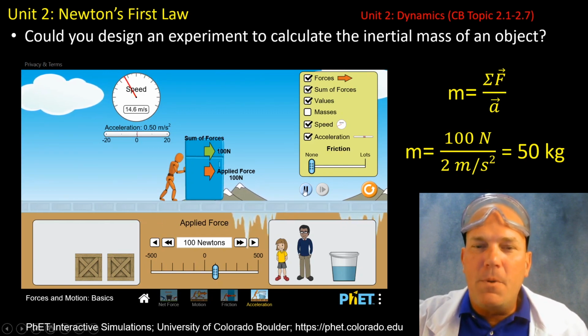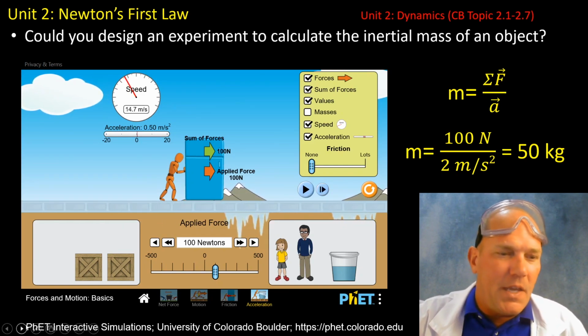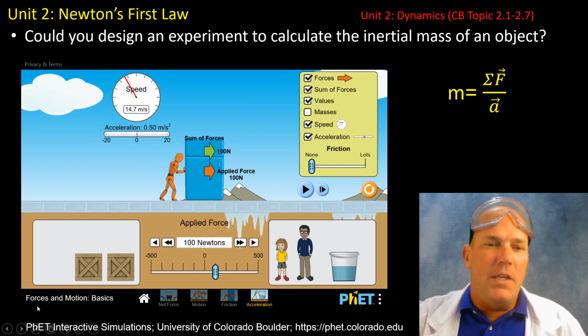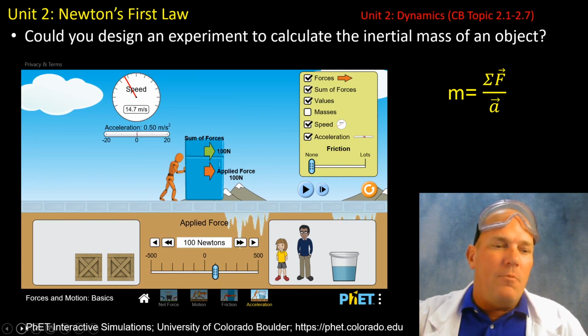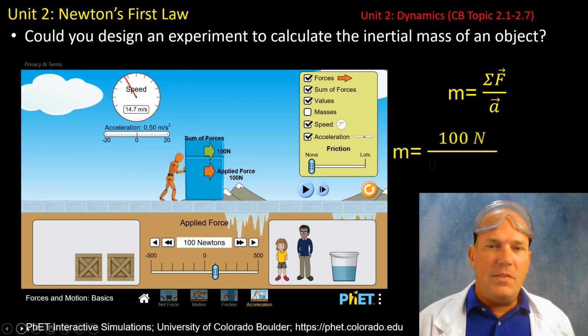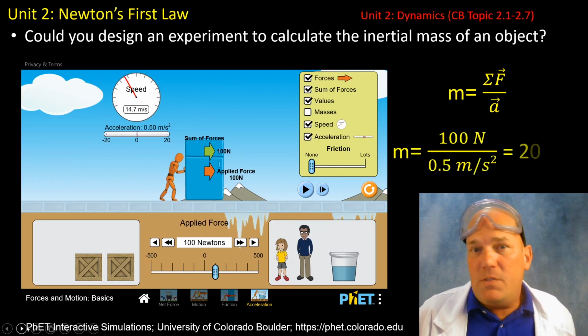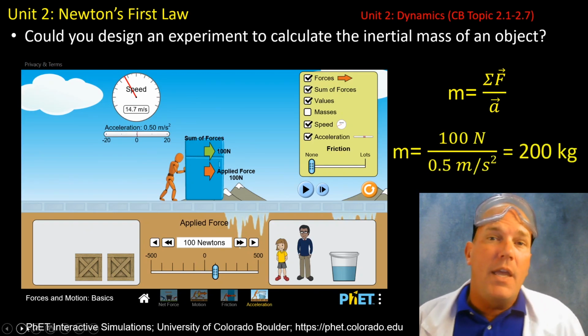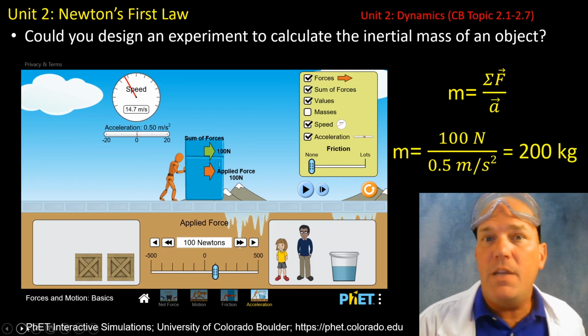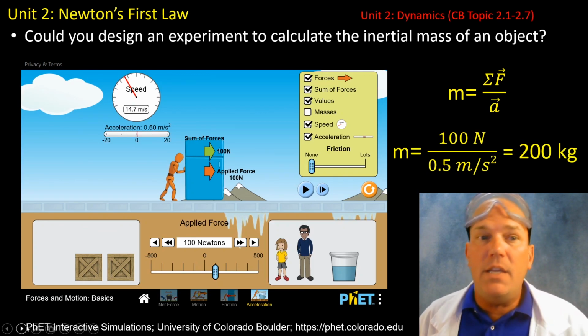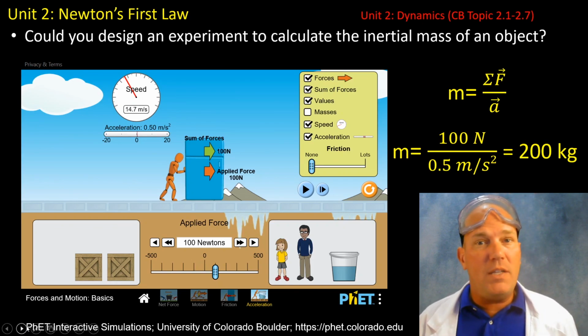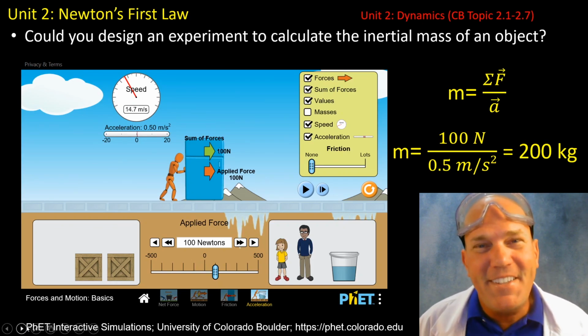Now I'm going to pause it, and I want to perform the same calculation as we did with the crate. When we take the 100 newtons, which is our net force, and divide it by the acceleration, we are calculating the inertial mass, and we calculate that to be 200 kilograms.